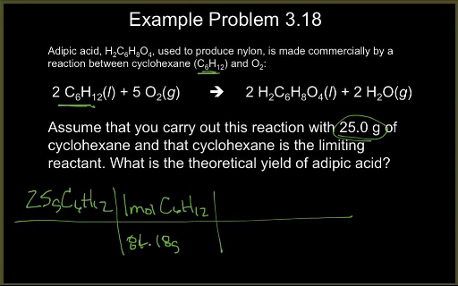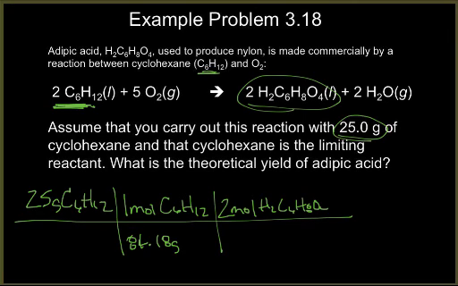Then I'm going to use the mole ratio between cyclohexane, which is C6H12, and adipic acid, which is this one right here. So the mole ratio between those two is 2 to 2. So 2 moles of H2C6H8O4 for 2 moles of C6H12.